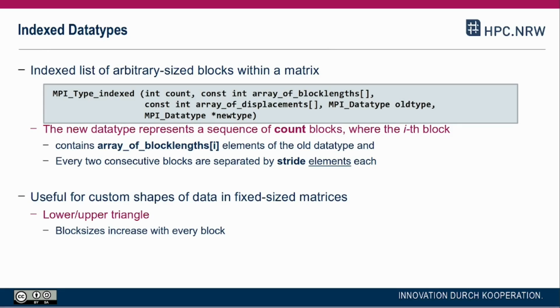And so now I still have a count. Now I have an array of block lengths because each block can have a different length. I have an array of displacements because each displacement can be different, so each block could start at a different element address.